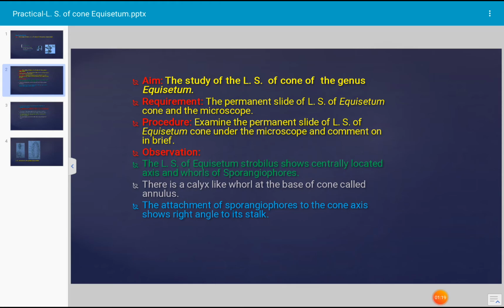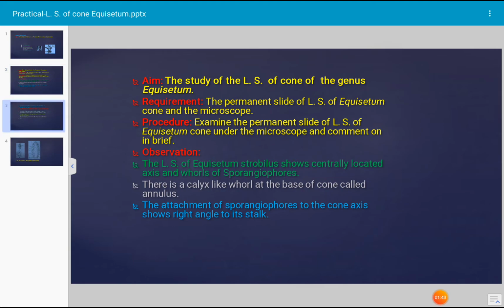There is a calyx-like whorl at the base of the cone which is known as annulus. Sporangiophore means a stalk-like structure bearing sporangia. The attachment of sporangiophores to the cone axis is at a right angle to its stalk.